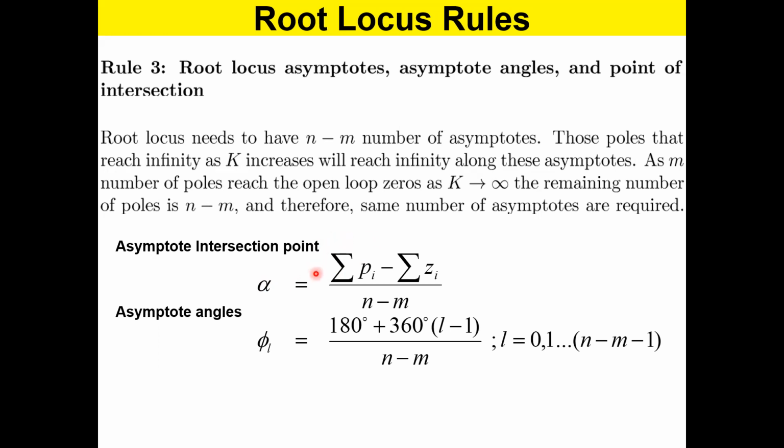The answer is you add all the poles, again, open loop poles, start points. Don't worry about the value of the poles as you increase k, because they move all over the place. So this is basically open loop poles and open loop zeros. So add open loop poles, deduct the summation of open loop zeros, and divide by n minus m.